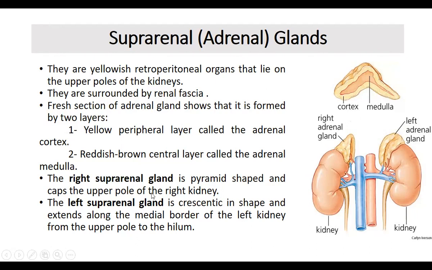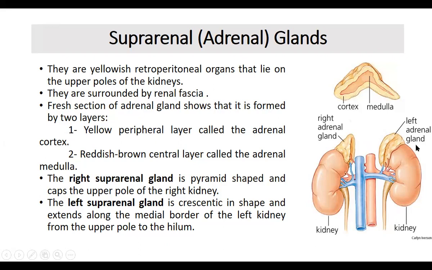Okay, the right adrenal gland is pyramidal in shape and caps the upper pole of the right kidney. If you see, it will be sitting just on the top of the kidney, but not so about the left. It is crescentic in shape and it extends along the medial border of the left kidney from the upper pole. So, starting from the upper pole, this left suprarenal gland, which is crescentic in shape, will go down and cover the medial border of the left kidney.